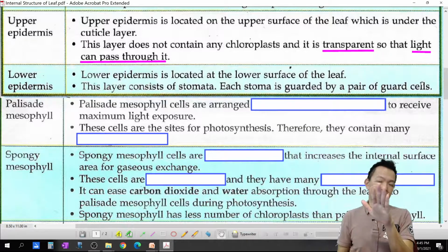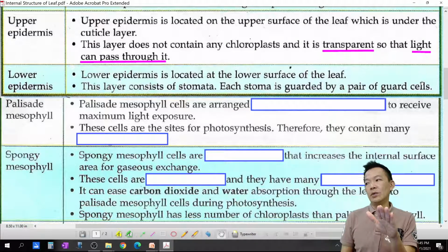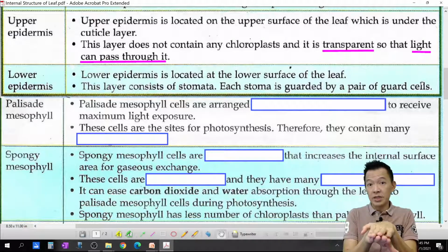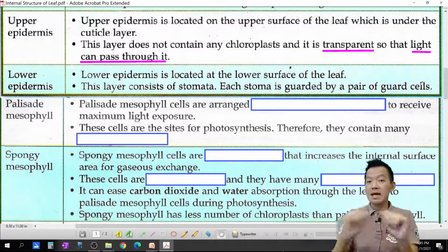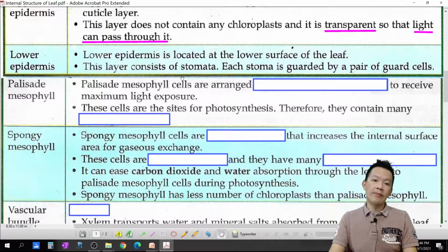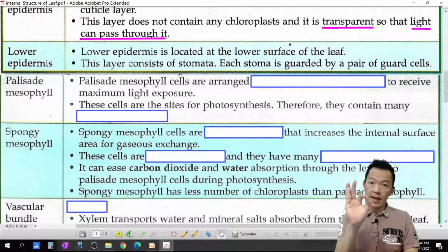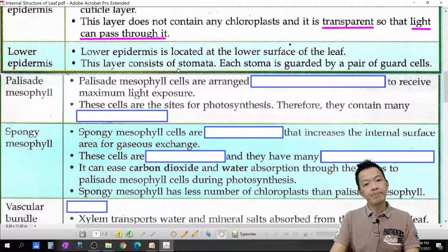Except some plants like water lily, whose leaves float on the water surface, their stoma are on the upper side of the leaf. Otherwise, for normal plants, the stoma will be at the lower epidermis.